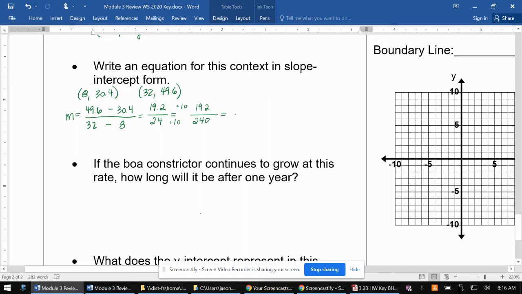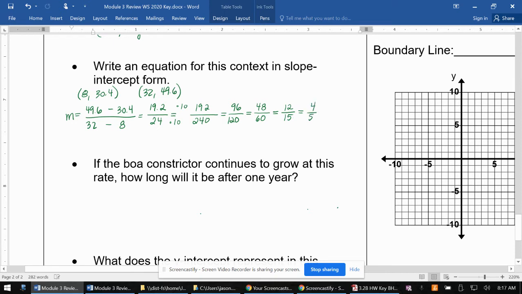Maybe there's a more efficient way to do this. Divide by 2. Divide by 4. And divide by 3.